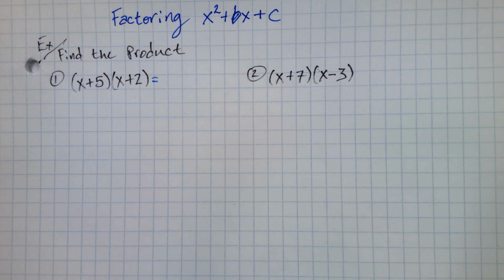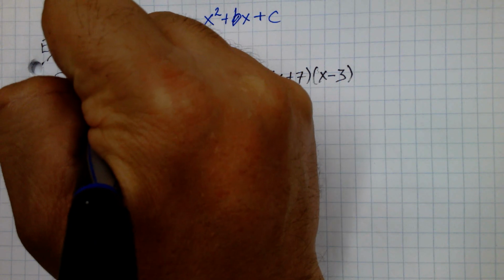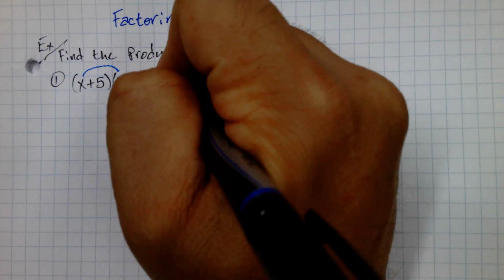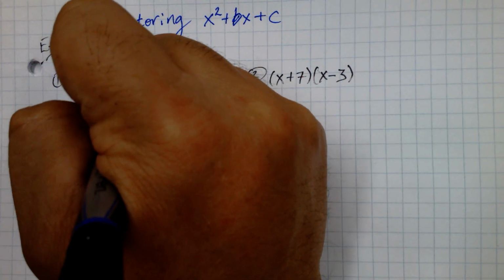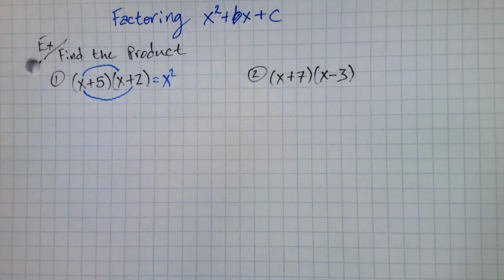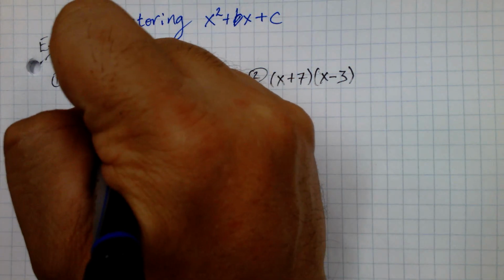So let's go ahead and find that product. We'll do FOIL. So we'll do the first one. That's x times x. We'll do the outside. That's 2x. Keep it in your head. We'll do the inside.